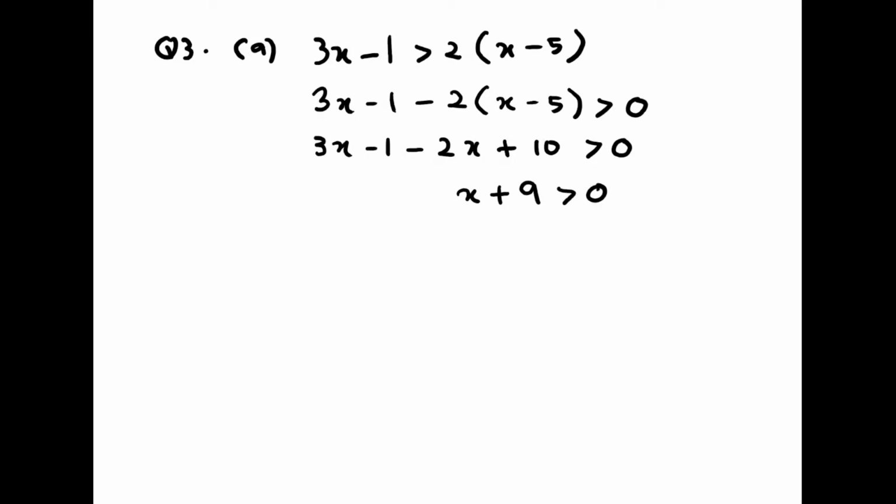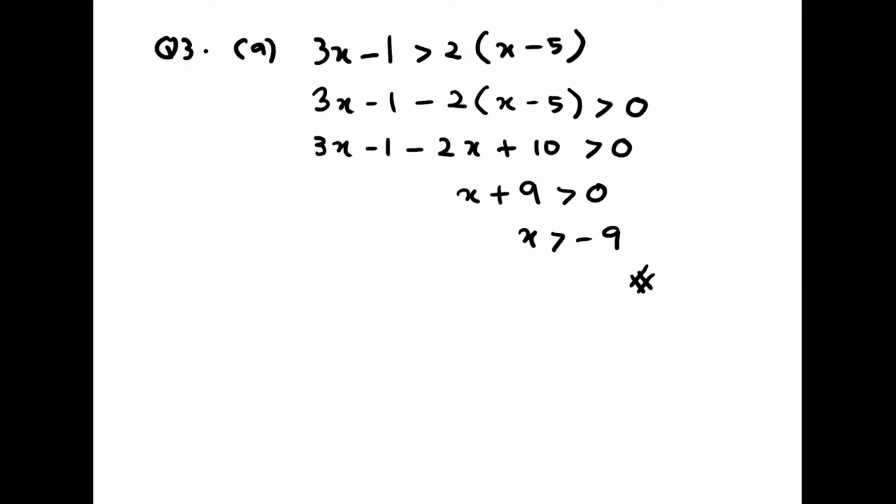So from this, you can see that you only have one linear factor at your left hand side of the inequalities. So you can directly solve this one. You will have x greater than negative 9 as the final answer.